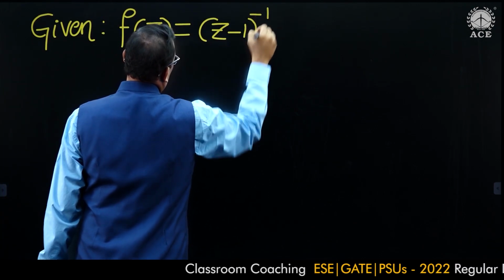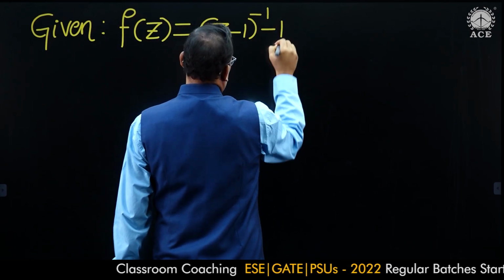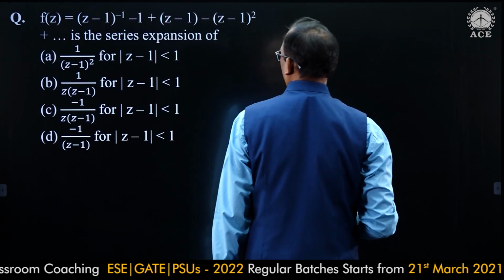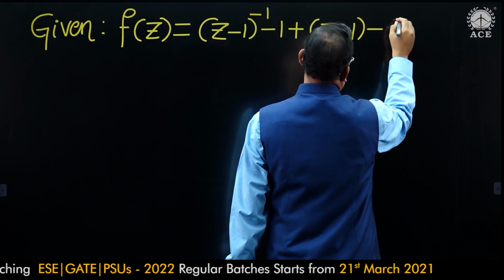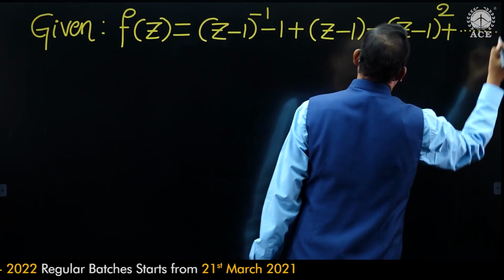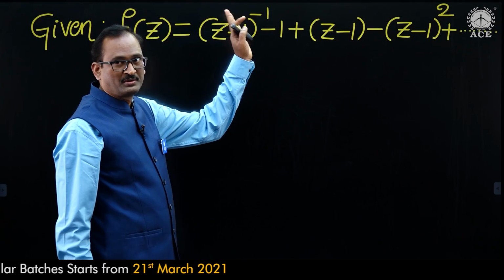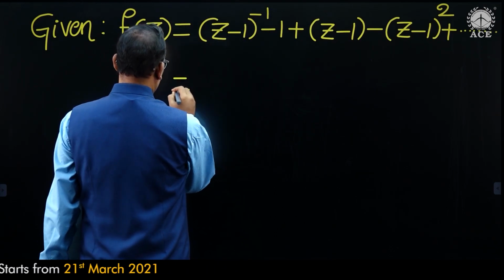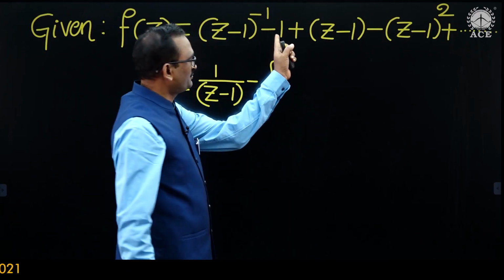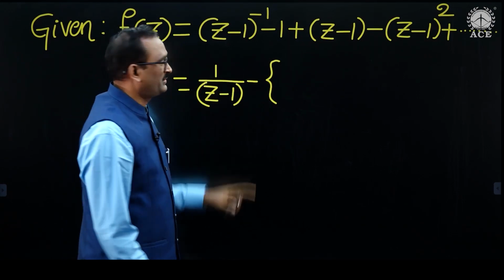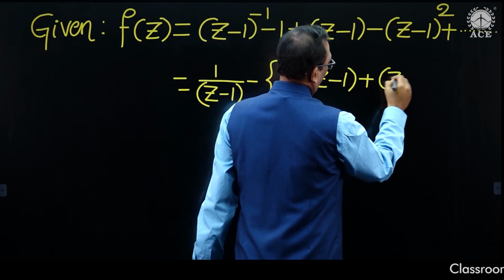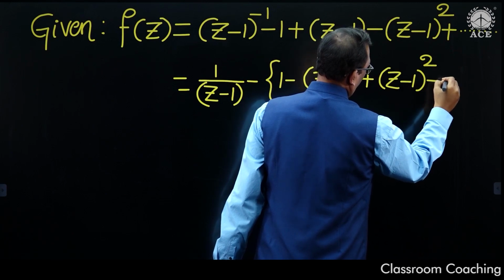Z minus 1 whole power minus 1 plus z minus 1 minus z minus 1 whole square plus so on. Now z minus 1 whole power minus 1, that is 1 by z minus 1, minus, from the remaining terms take out minus symbol as common, then it is 1 minus of z minus 1 plus z minus 1 whole square minus so on.